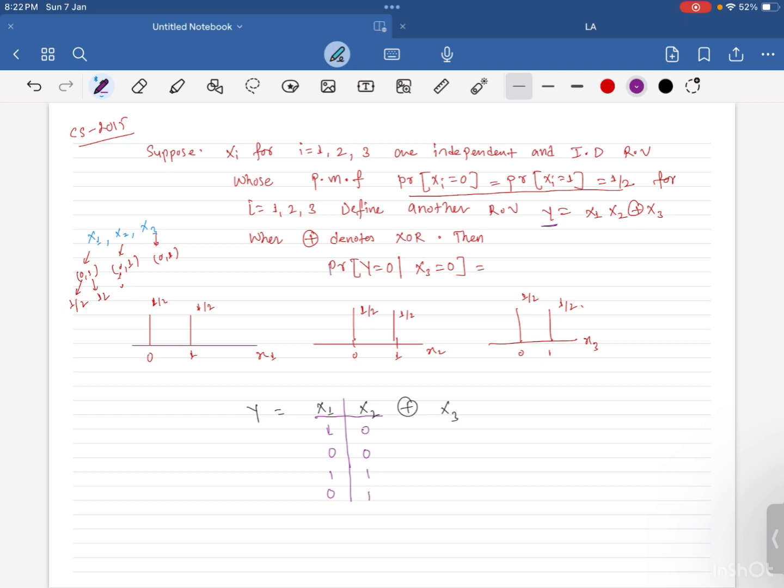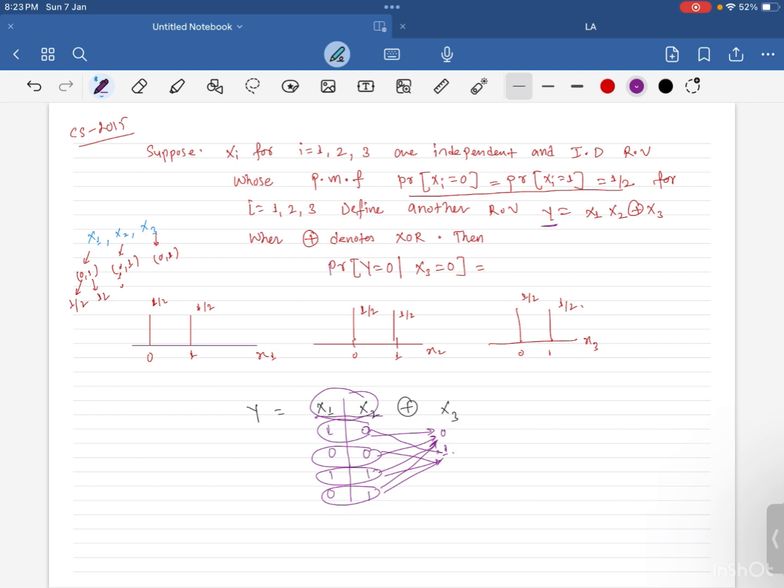And x3 can take 0 or 1, right? So for each possible combination of x1 x2, we will take x3 as 0, and again for each possible combination of x1 x2, we will take x3 as 1. Now let's calculate this first.